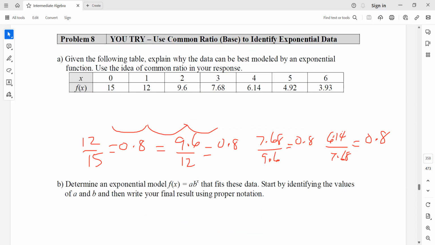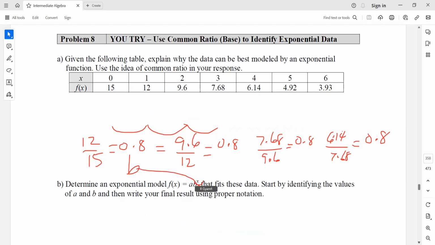Now let's look at question B. Determine an exponential model f of x equals a b to the x that fits these data. How do we do that? Now we know that we've got 0.8, and that is going to be our b for our exponential function.